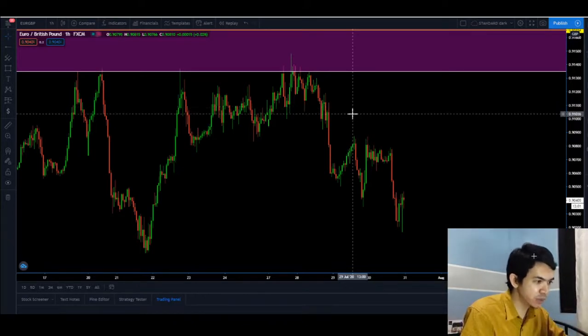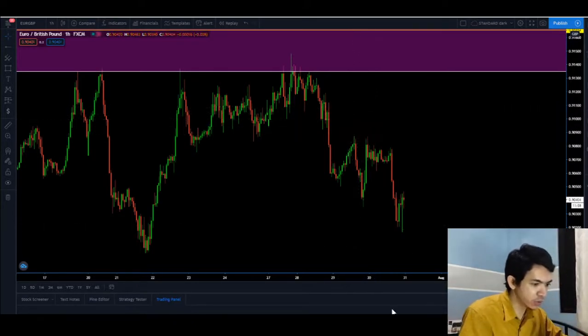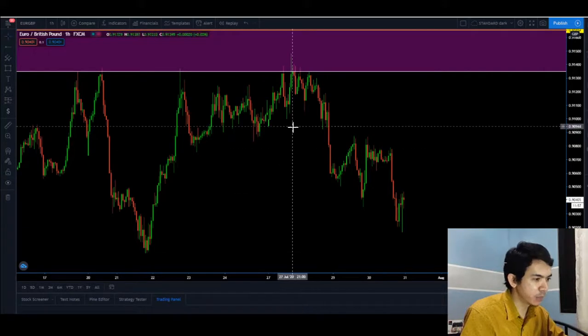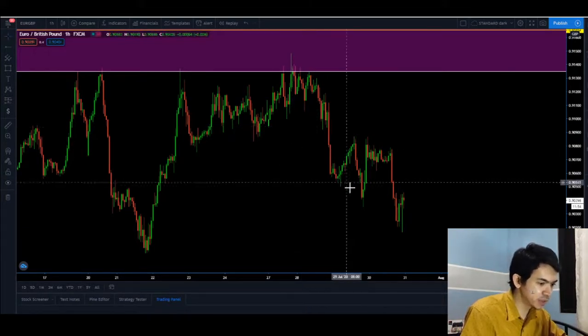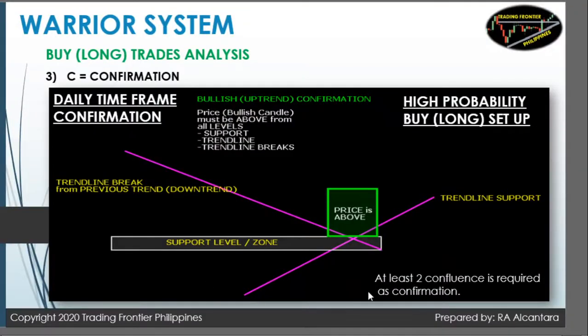So just to give you a refresher or a recall, how do I find a proper setup using the TFP war system? Okay, so this is the setup. We only have two. It doesn't have to be complicated.